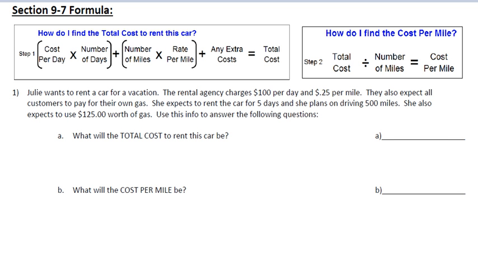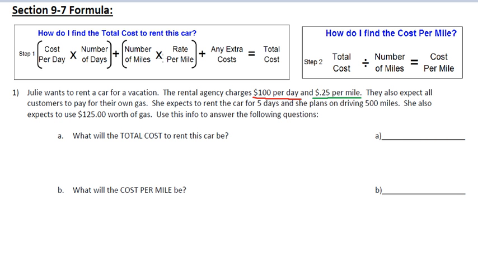Let's just jump right into the problem and hopefully you can see how to plug these numbers in to the formulas above. Julie wants to rent a car for a vacation. The rental agency charges $100 per day, but they also charge 25 cents per mile. Well, they also expect all of their customers to pay for their own gas.